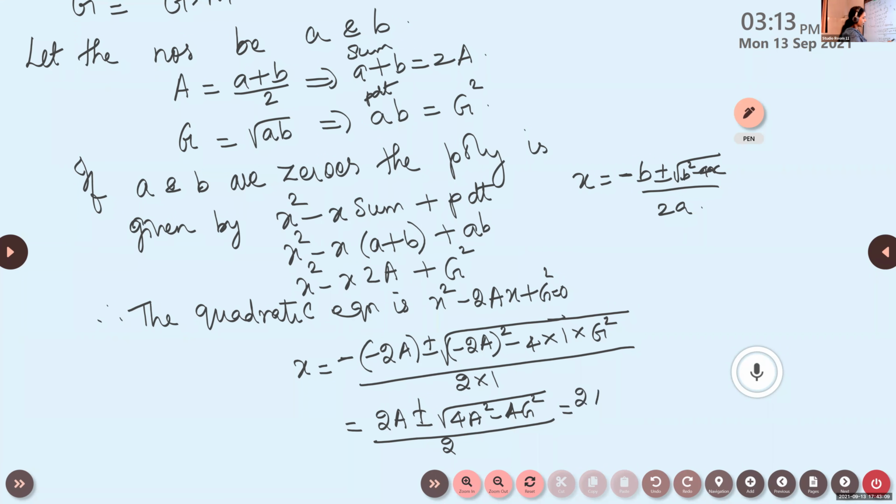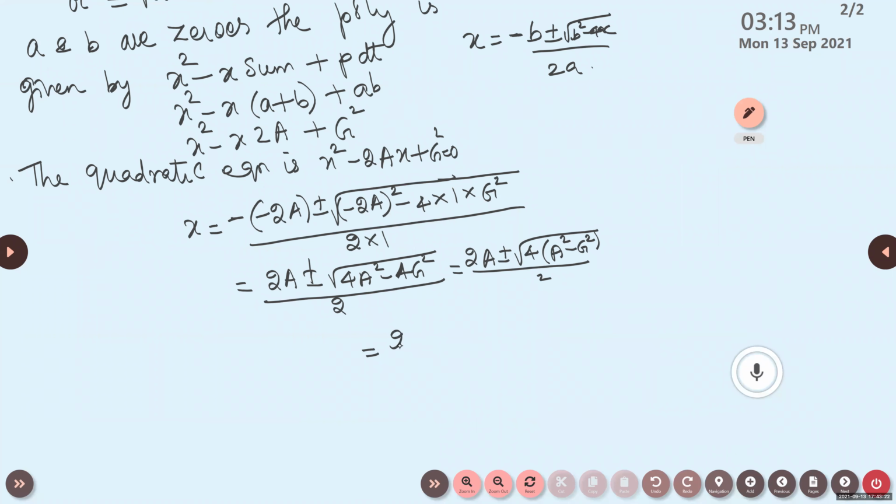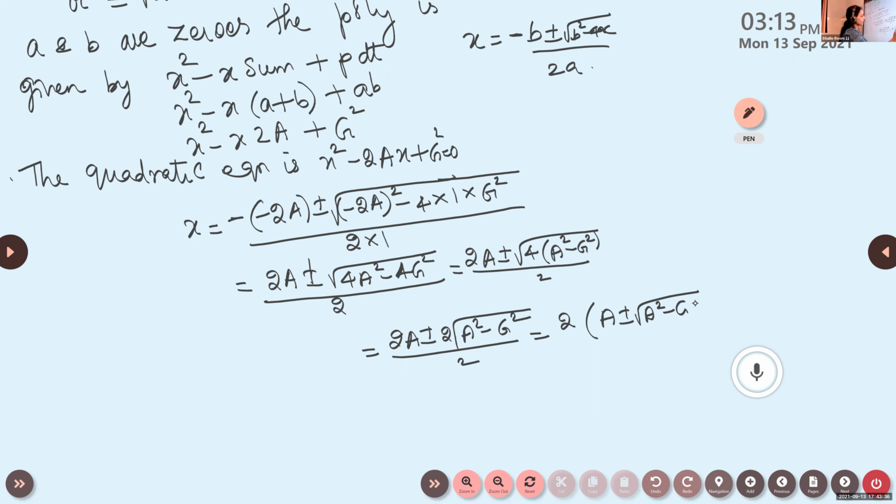So that is 2a plus or minus, if you take 4 as common, root of 4 into (a square minus g square), by 2. What is root 4? It is 2. So it is 2a plus or minus 2 into root of a square minus g square, by 2. Now we can take 2 as common. Therefore we get a plus or minus root of a square minus g square by 2, and the 2 will get cancelled.